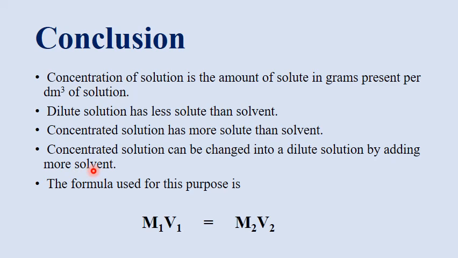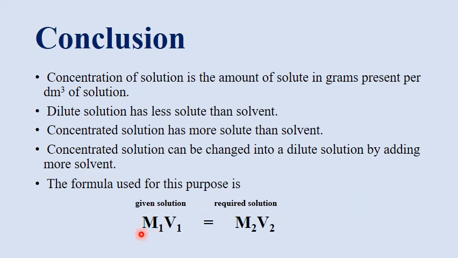And how much more solvent we need to add, this is the thing that we find out using the dilution formula, which was M1V1 equals M2V2. And in this formula, the left hand side of the equation represents the given solution or our stock solution, and the right hand side represents the required solution or the solution that we intend to make by diluting the stock solution.